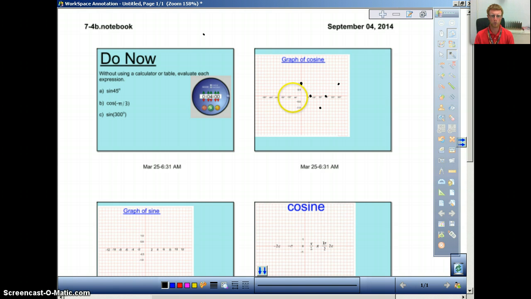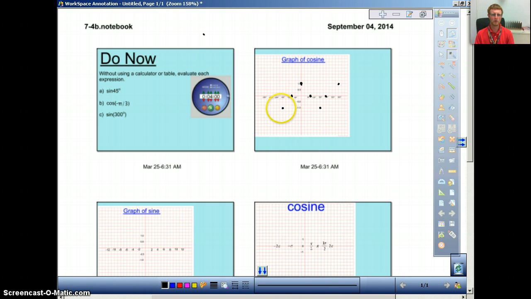And again, we can go completely in reverse. We know at -90 it'll be 0, and then at -180 it'll be -1.